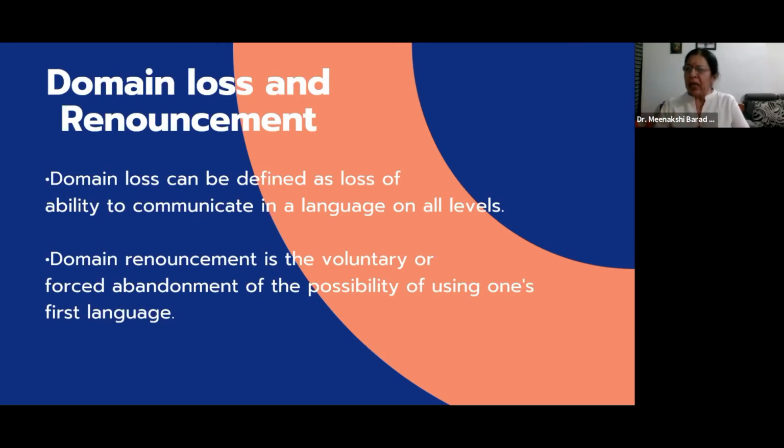So we can distinguish here between conscious and unconscious domain losses. To the conscious decisions which lead to losses of domain, we can, for instance, assign language policy concerning research in enterprises where English plays a predominant role, and therefore there is domain loss.